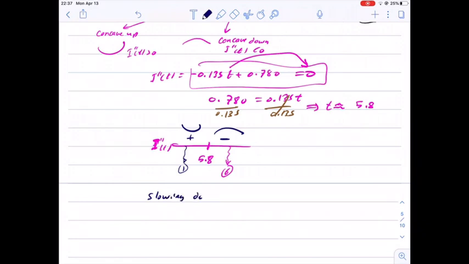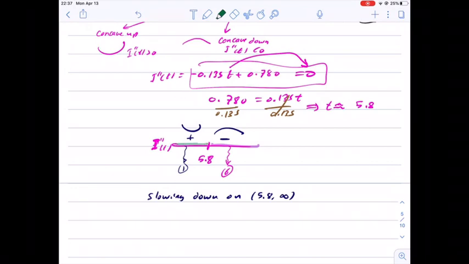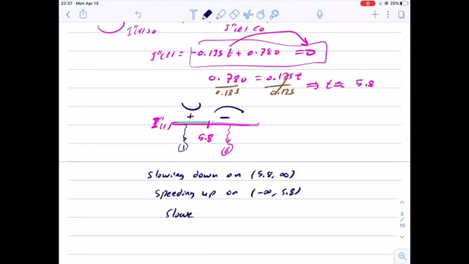So it's slowing down on the interval from 5.8 to infinity, and it's speeding up on the interval from negative infinity to 5.8 because it's concave up.